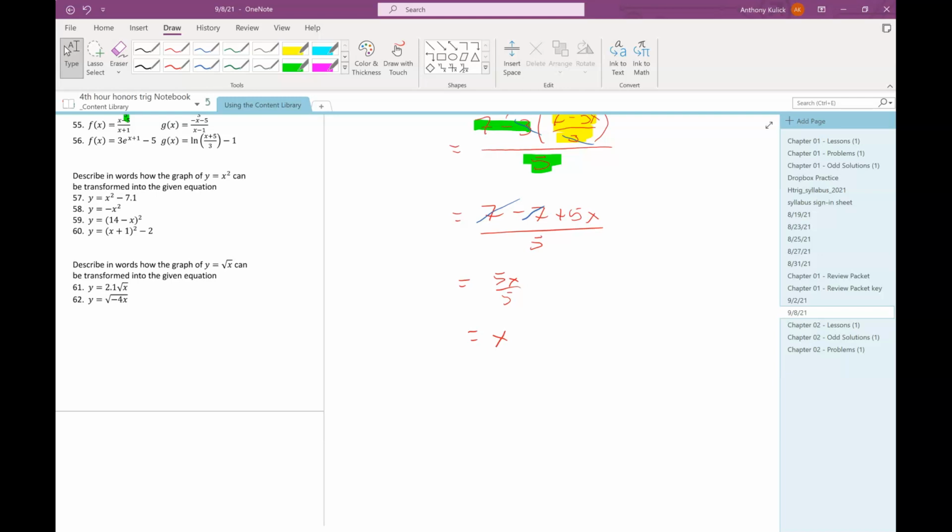Okay. 55. So again, we've got to do both compositions. So in 55, our g of x is (-x minus 5) over (x minus 1).